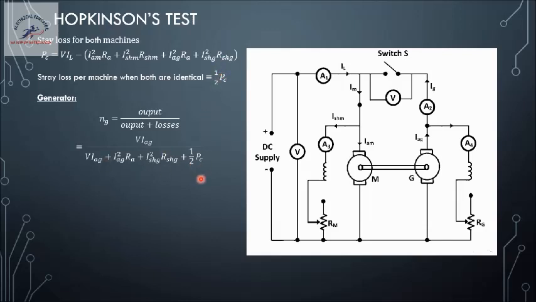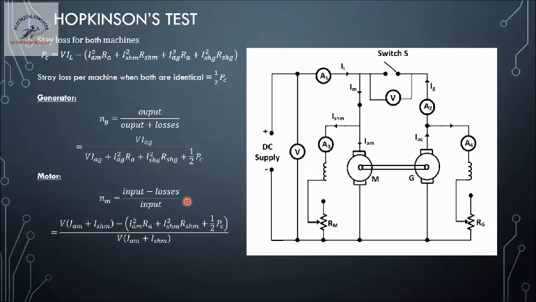Second, for the motor, the efficiency is given by input minus losses, divided by input. The input for the motor is IAM plus ISHM, this current IM.